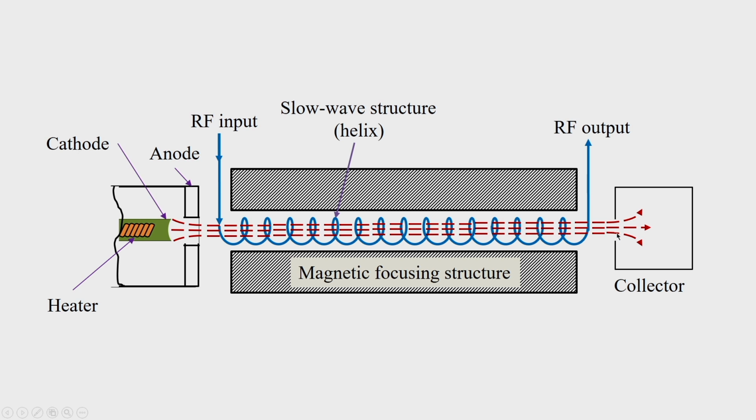The electrons, after leaving the interaction space, are collected by the collector. Here we see the magnetic focusing structure which applies a field so that the beam remains focused.